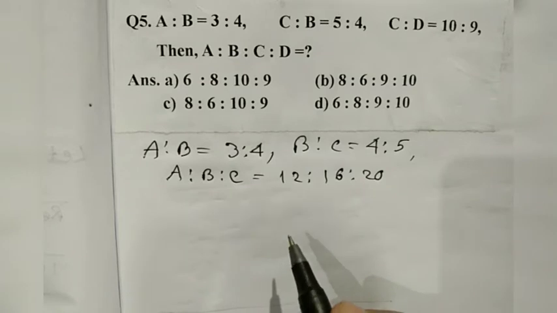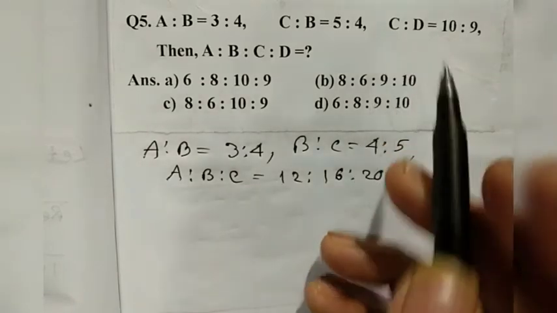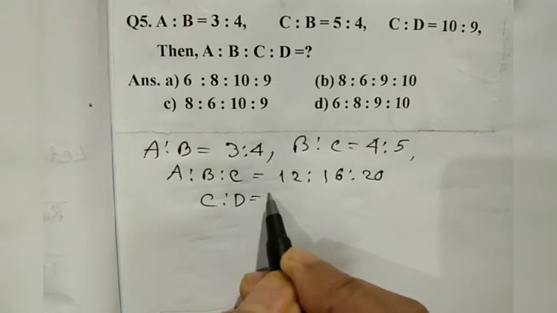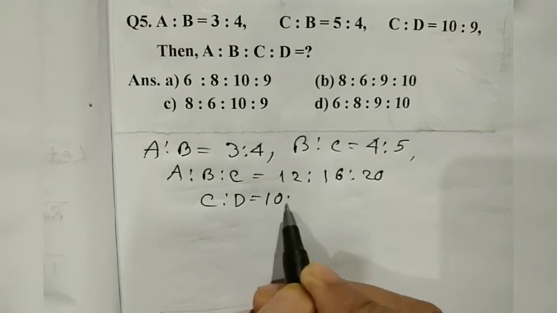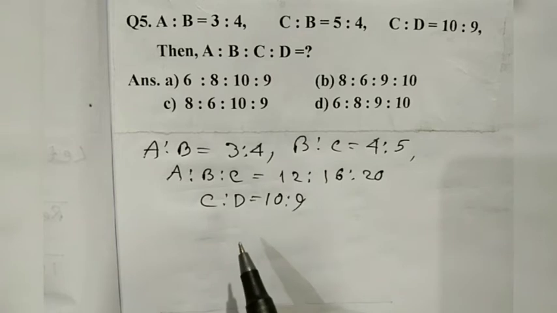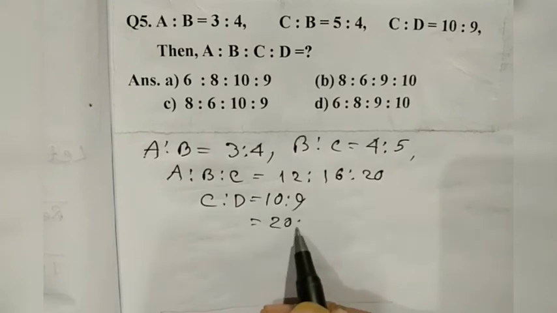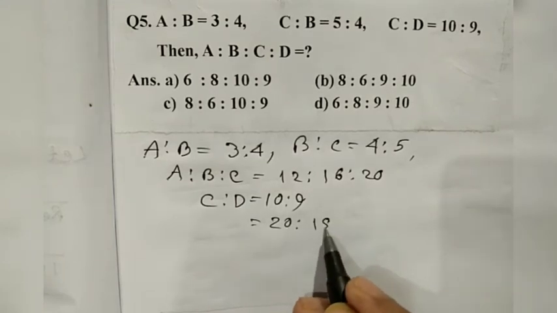Here C is to D equal to 10 is to 9. Multiplying by 2, we get 20 is to 18.